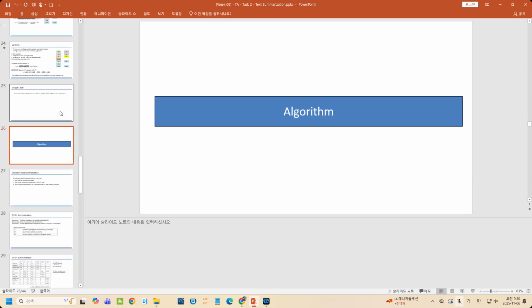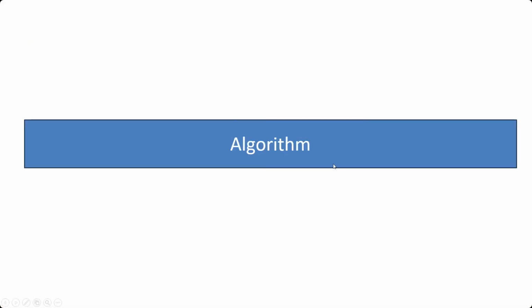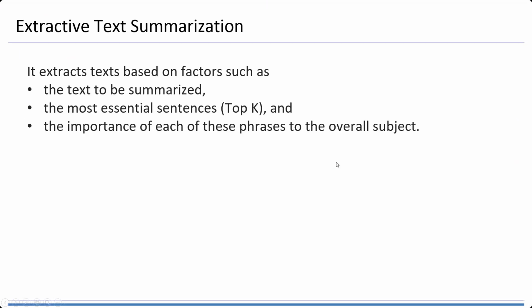Okay. So after the Google Colab, we can understand some of the algorithms and how to generate the text summary. Let's look at some of the basic algorithms for text summarization.